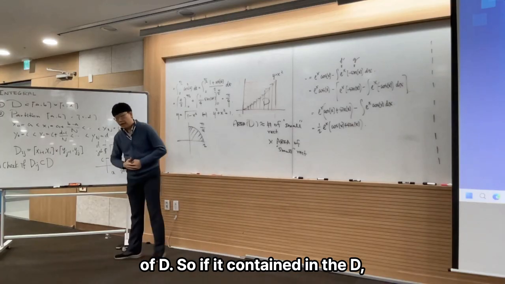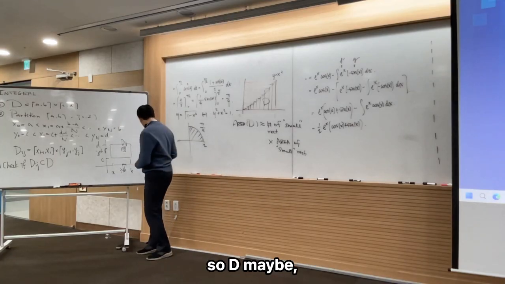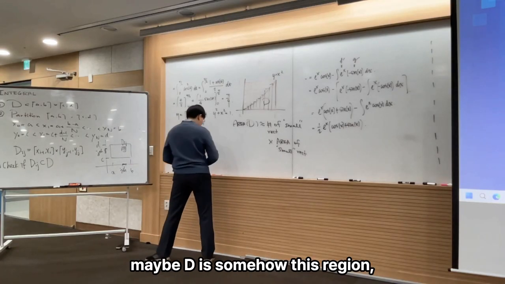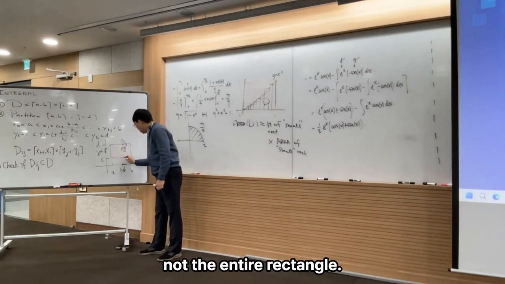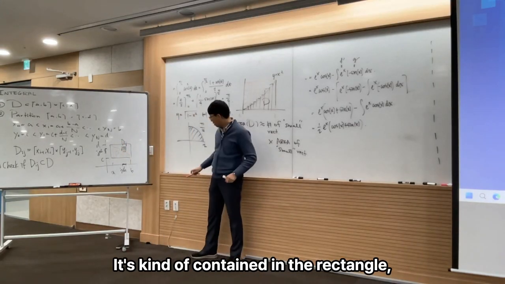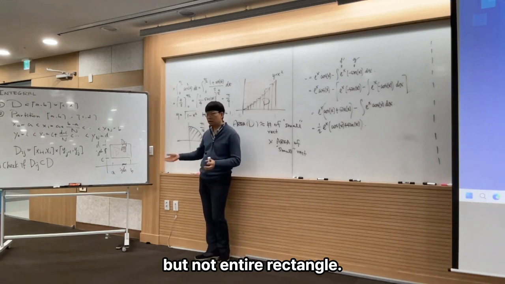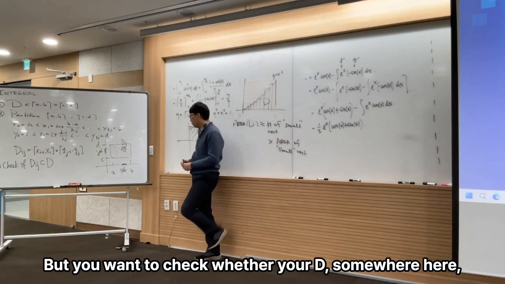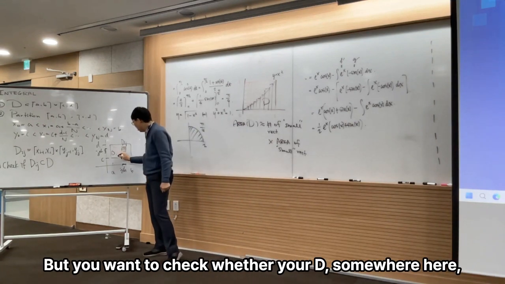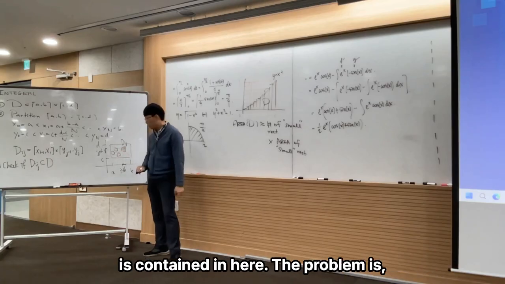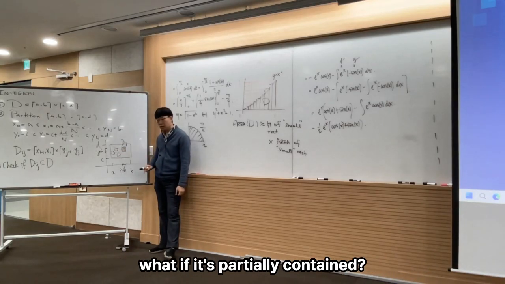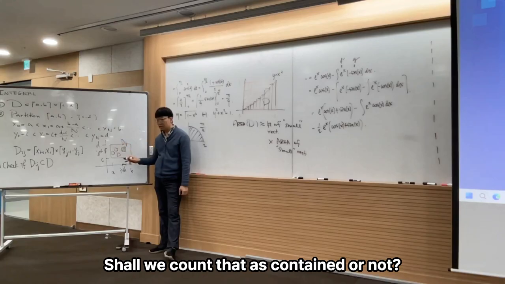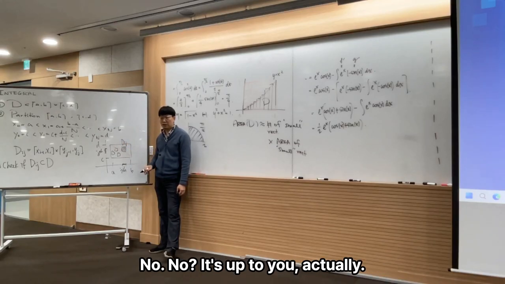So D may be somehow this region, not the entire rectangle. It's contained in the rectangle, but it's not the entire rectangle. You want to check whether your D, somewhere here, is contained in here. The problem is, what if it's partially contained? Shall we count that as contained or not? It's up to you, actually.